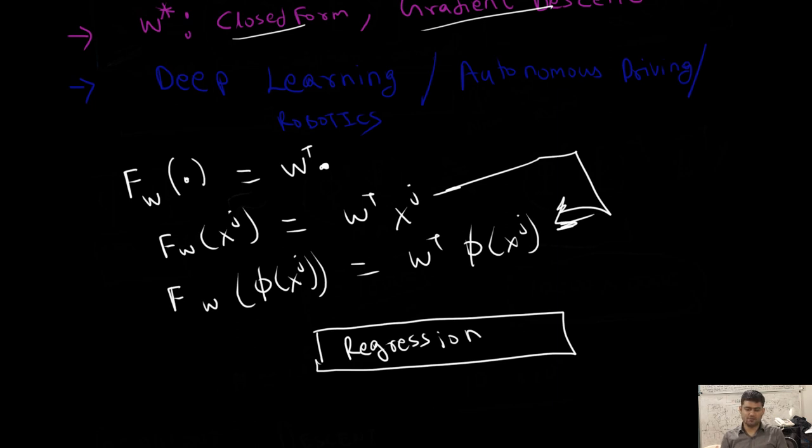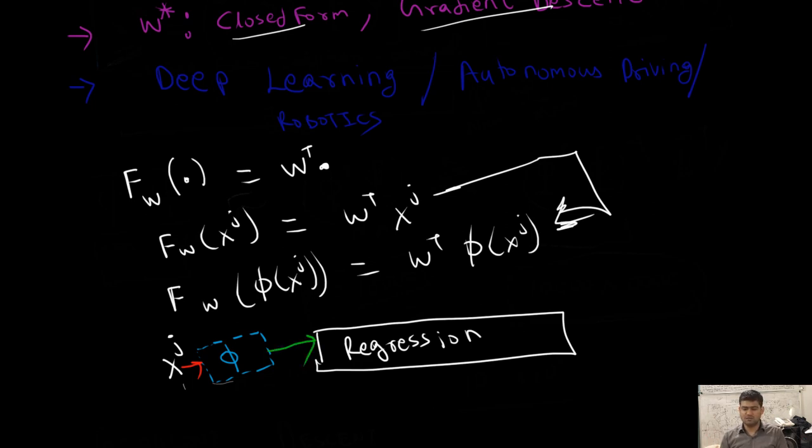We selected some input data point, xj, and instead of directly feeding it to our model, we had an intermediate layer, phi. So x goes as an input to this box phi, and this box outputs some representation, perhaps a nonlinear representation of the input data points.